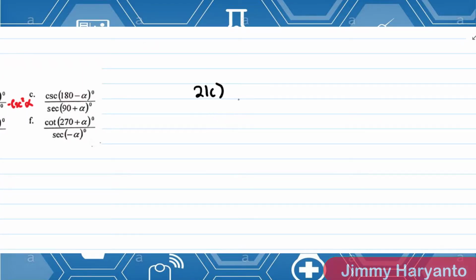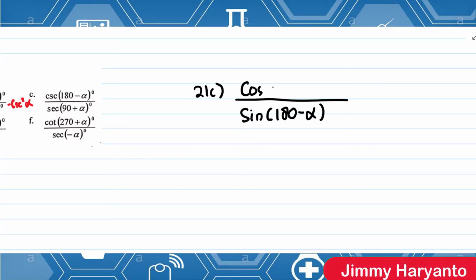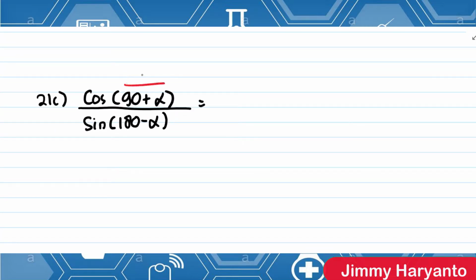Okay, next is C. For C, we have a fraction and then cosecant at the top. I will change the cosecant into sine at the bottom, 180 minus alpha. And then for the secant at the bottom, I will change it into cos at the top, cos 90 plus alpha. Okay, so for the top one, it will be quadrant 2.